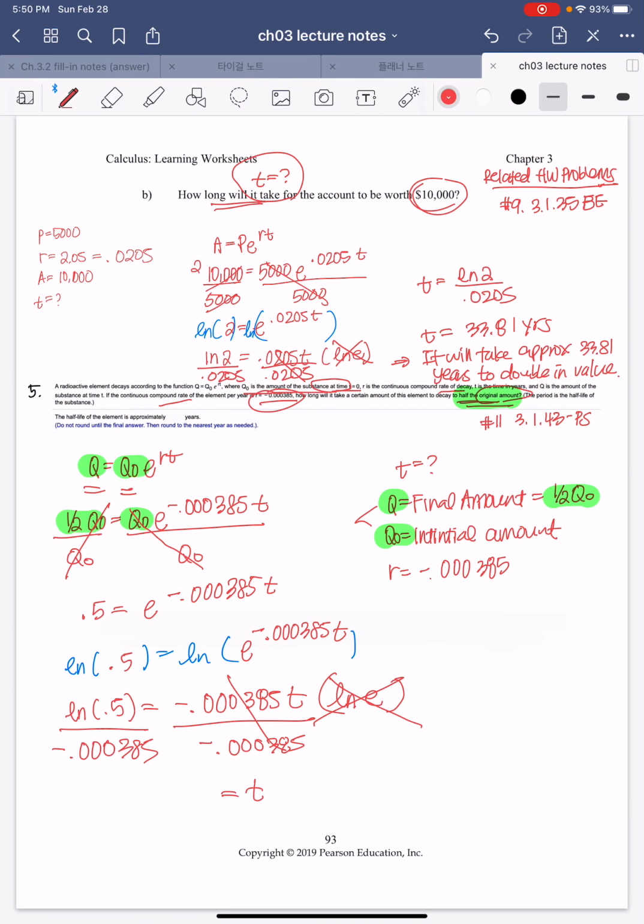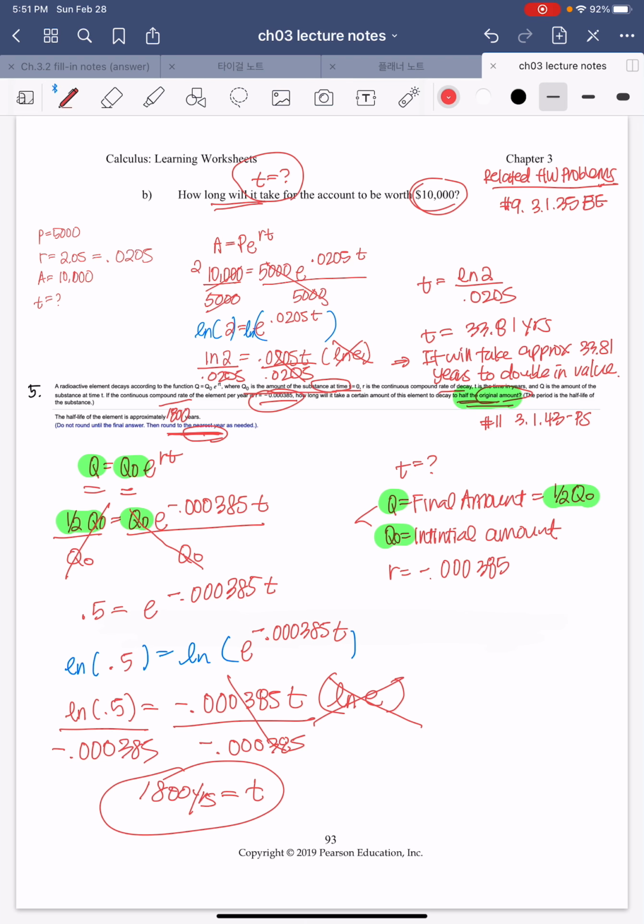Typically, when something decays, it takes years, so it makes sense that it takes a large amount of time. On MyMathLab, it's asking you to round to the nearest year, so the whole number 1800. So that will be my final answer, 1800 years.